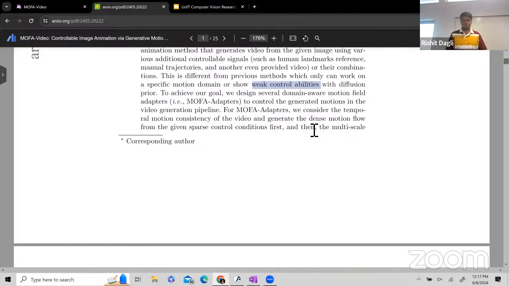For example, in previous animation methods, weak control abilities meant that users had minimal options to specify how the image should move. This could result in animations that do not accurately reflect the user's intentions or lack the precision needed for certain applications. Users might only be able to provide very basic inputs, and the system would have limited responsiveness to these inputs.